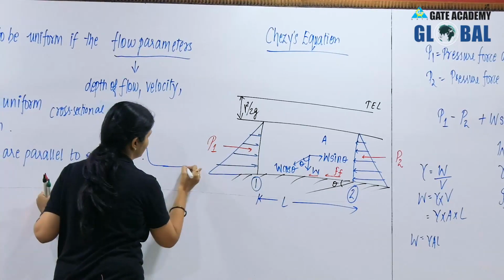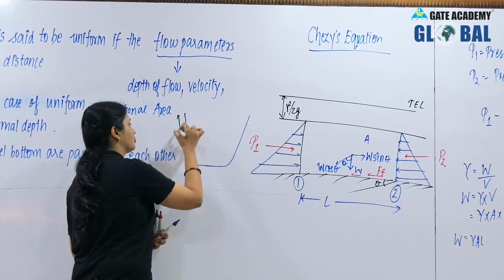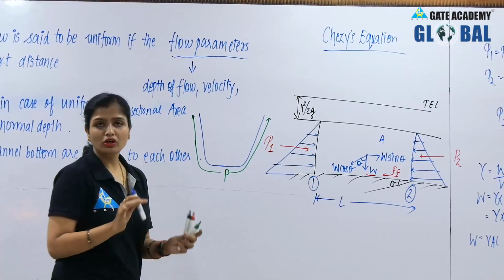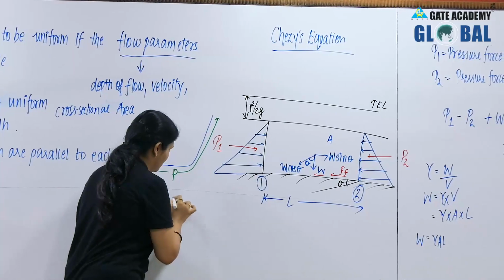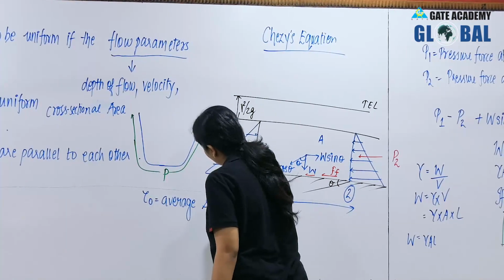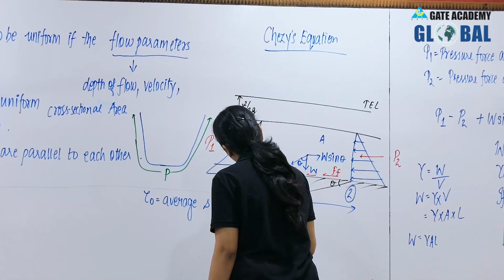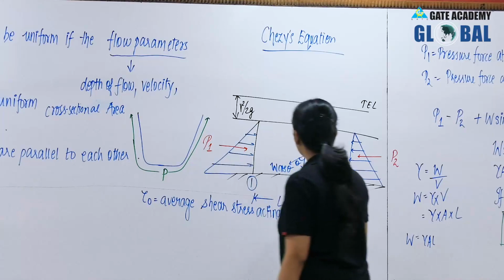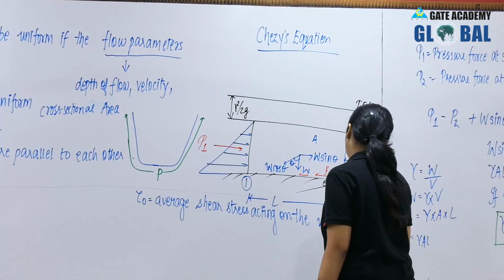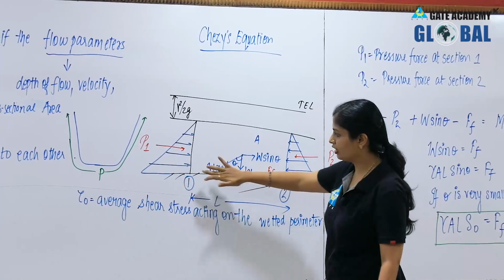Like I will draw this. This is your section, somewhat like this. Fine. So now what is happening? This is your whole perimeter. And now if tau naught is the average shear stress acting on the wetted perimeter, this is your tau naught, which is the shear stress which is acting along the wetted perimeter.